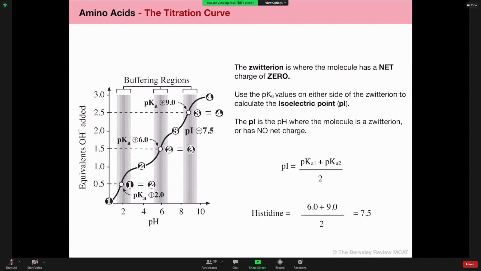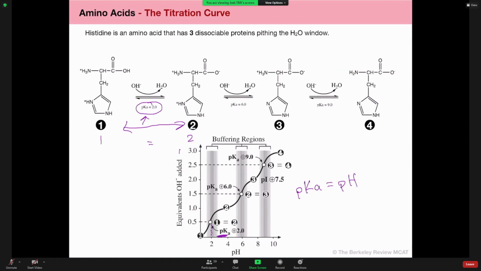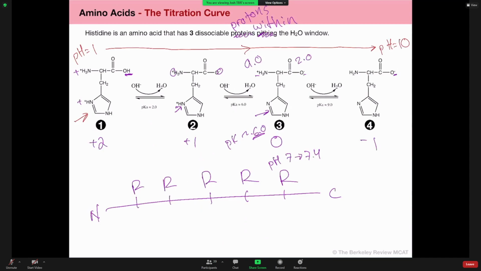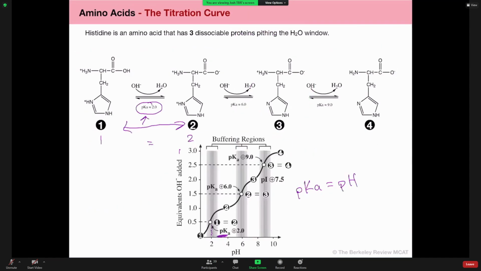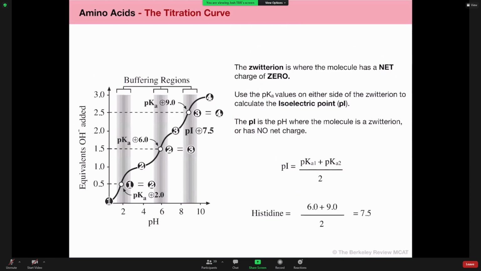For histidine in this example, it's when histidine's net charge is 0, which was species 3. So that would be the Zwitter ion in this case. If you want to calculate the isoelectric point, you take the pKa values on either side of the Zwitter ion.